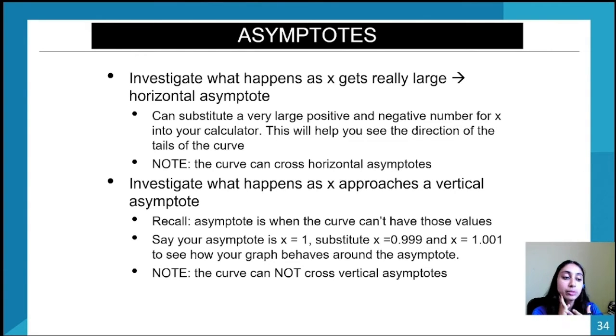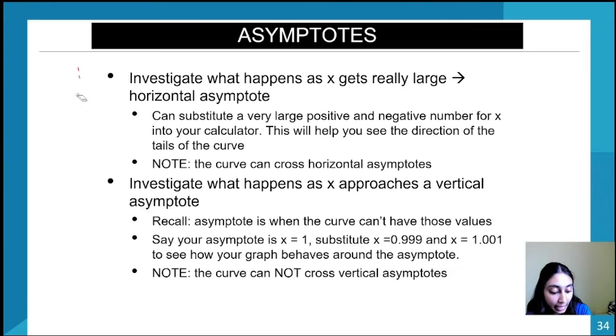So an asymptote is something that the curve will try to approach but never actually reach. It's like a massive love tragedy that never ends. So a horizontal asymptote could look a little something like this, where it'll try and approach the line but just never will get there.